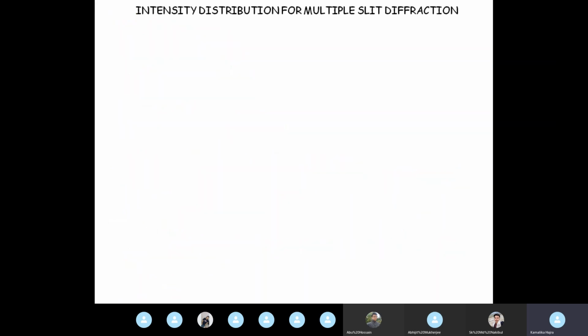So now we are in a position to decide what the intensity distribution for the multiple slit diffraction will look like. We have the principal maxima at gamma equal to m pi, m equal to 0, 1, 2, 3, etc., giving us d sine theta equal to m lambda, the positions of the principal maxima.